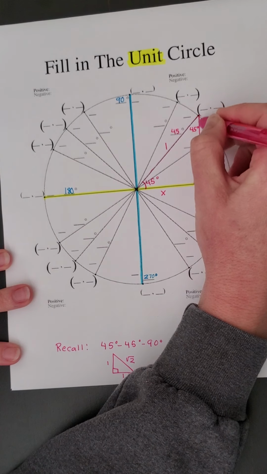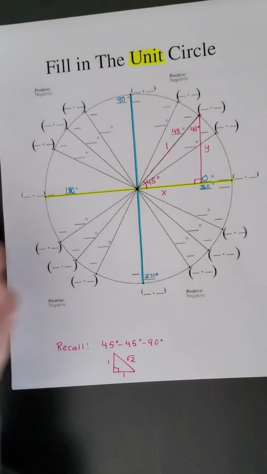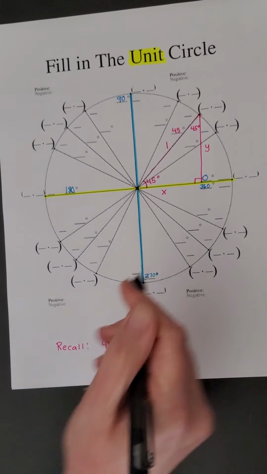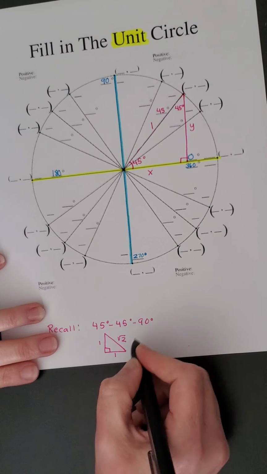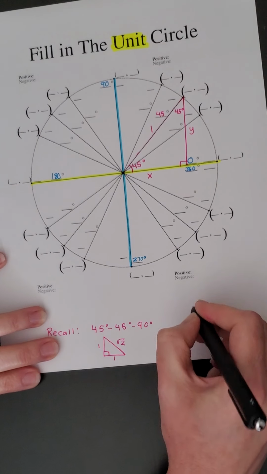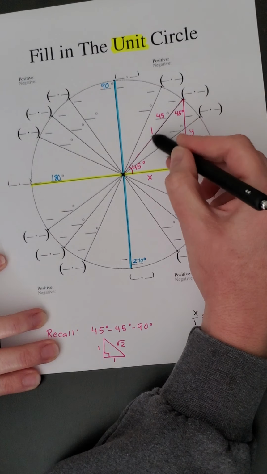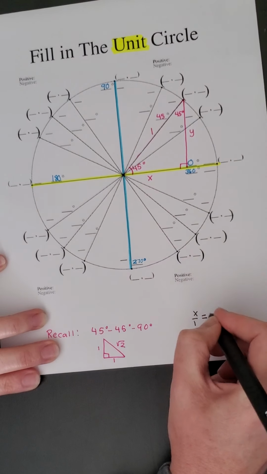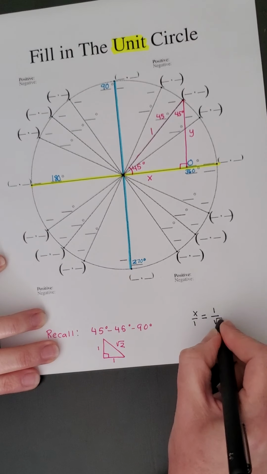And I'm going to create a ratio to find this missing side length, which is our y value. And to do that, I'm going to draw my special right triangle, reference triangle. So I have x is to 1 as the hypotenuse 1 is to the hypotenuse here, which is square root 2.